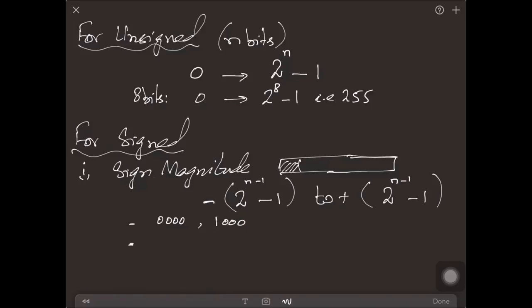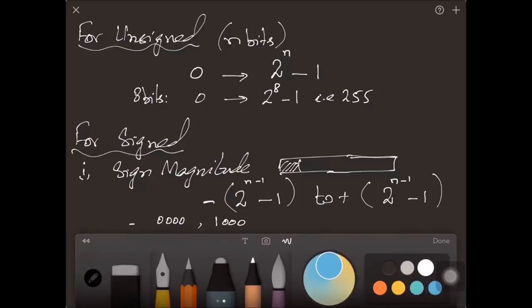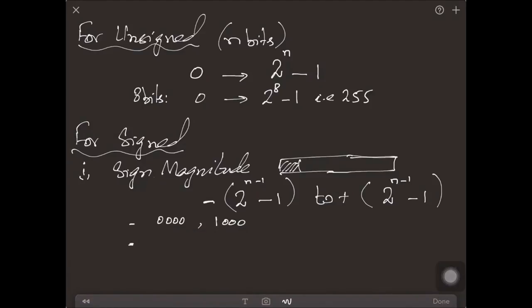Let me try to add a +1 and a -1 using a binary full adder. Let me change color. Let me write a +1 in 4 bits. This is a +1. Let me write a -1 in 4 bits. This is a -1. Now let me add it.